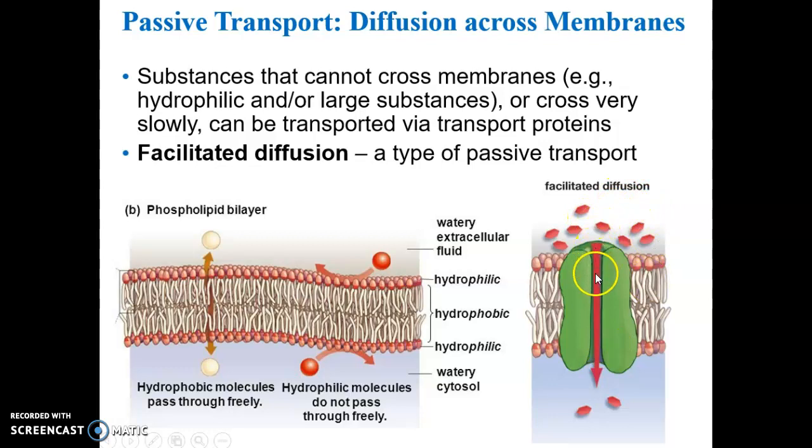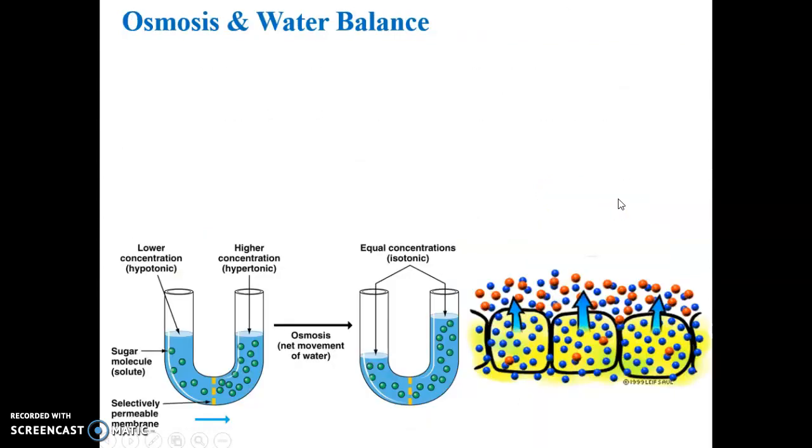These molecules go down their concentration gradient through a membrane protein channel and diffuse into the cell. Since the protein is facilitating this process, it's called facilitated diffusion.